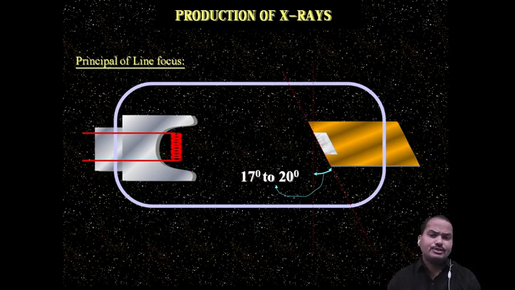And we know the dimensions of this target metal is 1 by 3 millimeters or 1 by 0.8 millimeters. Whenever this is angulated at 17 to 20 degrees, we can see that this 1 by 3 millimeters converts to 1 by 1 millimeter.